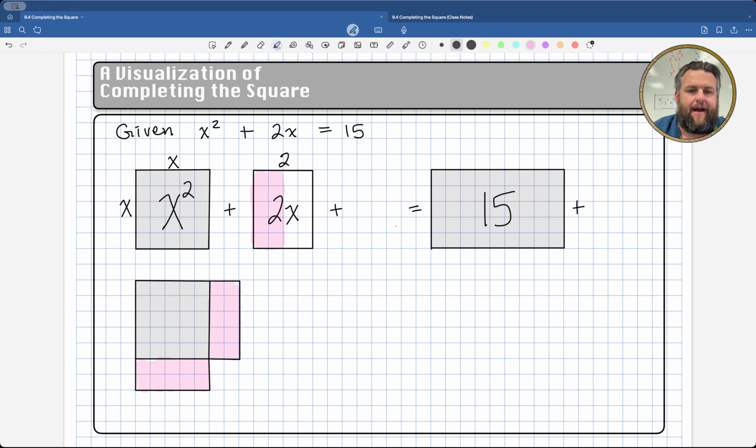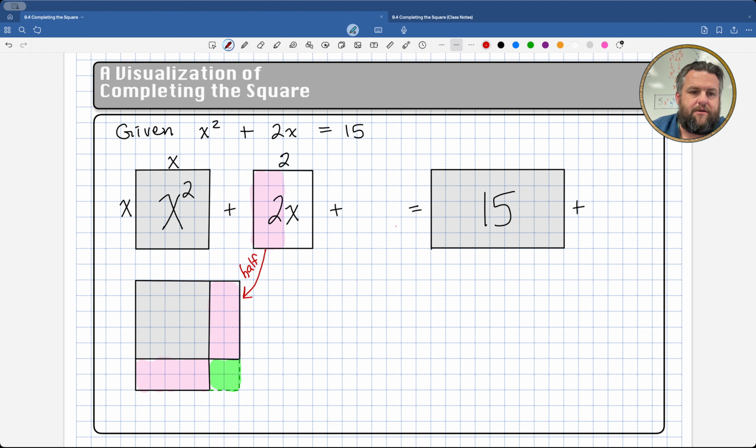So we take half of the linear component and place it along the side, and what you should notice is that a square component kind of magically appears. We'll shade this piece in. So what we did is take half of this piece.